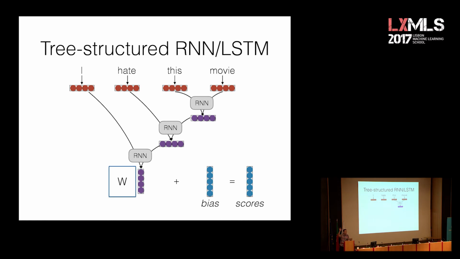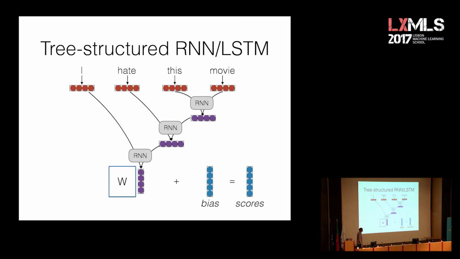But when they calculate this recursively, they're doing it in the same structure as our tree structure. And in the end, once we go all the way to the top of the tree, we'll have something at our root node. And then we multiply this by a weight matrix and add a bias to get scores.